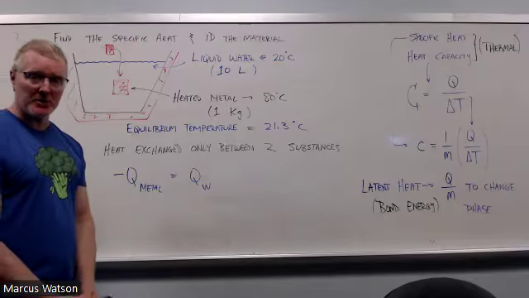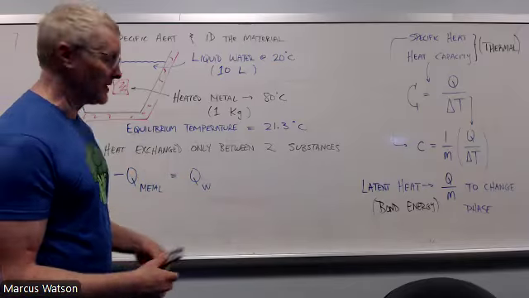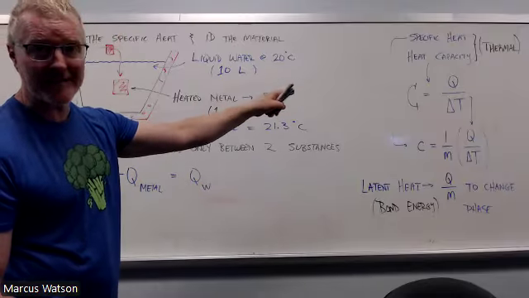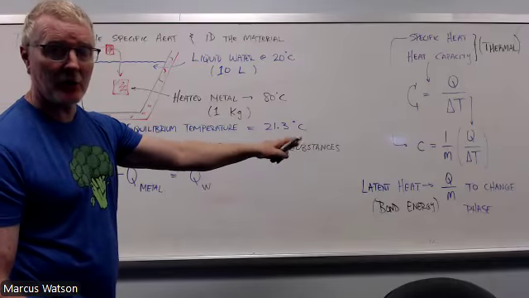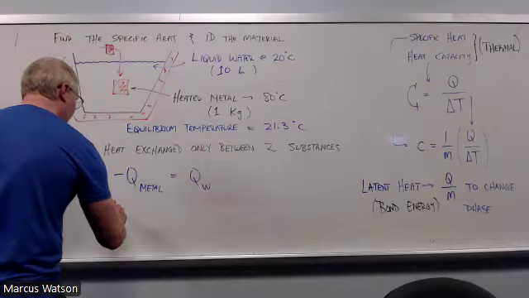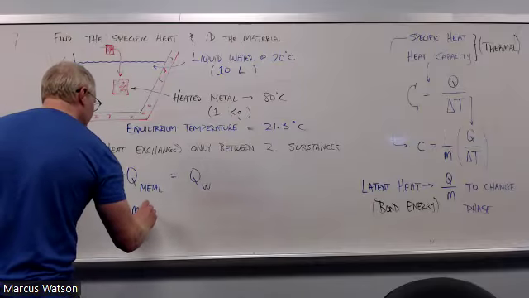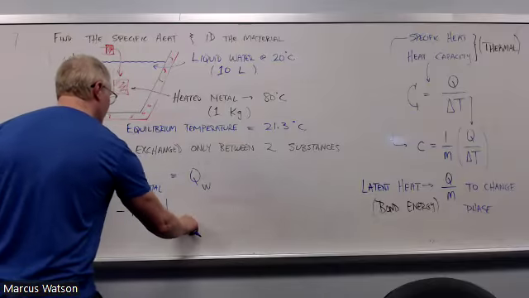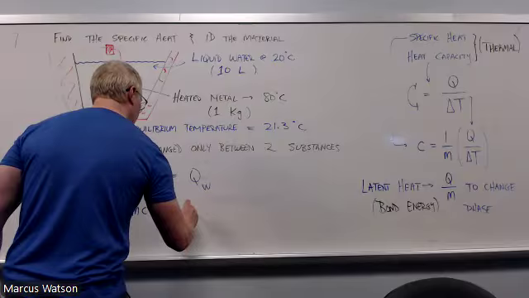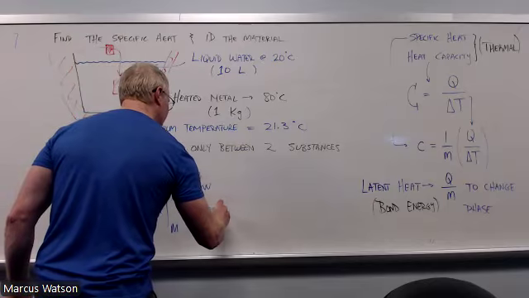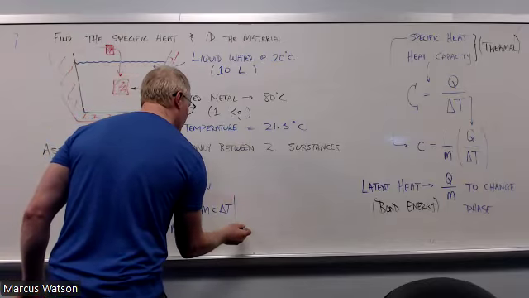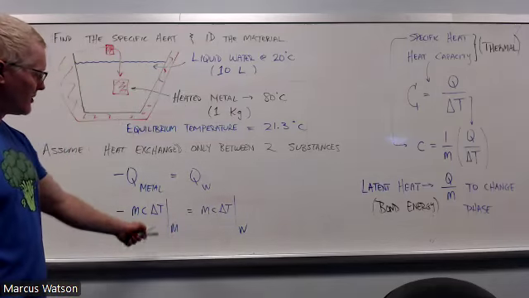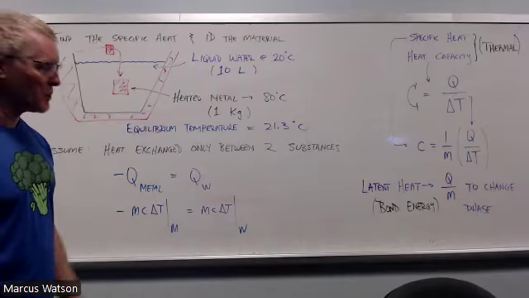Since there's no other heat transfers that I'm allowing, that's the only one that we can deal with. And therefore, since these heat transfers were only sensible, no phase changes, then I can write this as minus mass C delta T evaluated for the metal equals mass C delta T evaluated for the water. Okay. So the M here means the metal and the W means water.